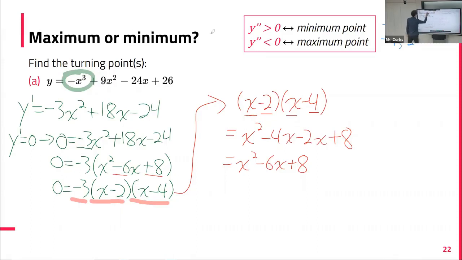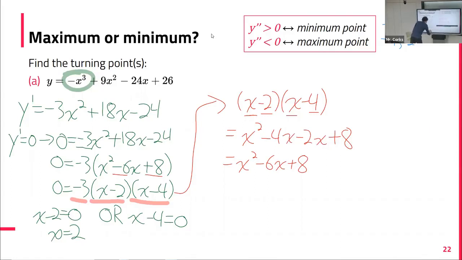So the only possibilities then are that x minus 2 equals 0, or x minus 4 equals 0, and I've kind of run out of space. So x equals 2, or x equals 4. So those are 2 possible turning points here. We should be checking them with our second derivative now.